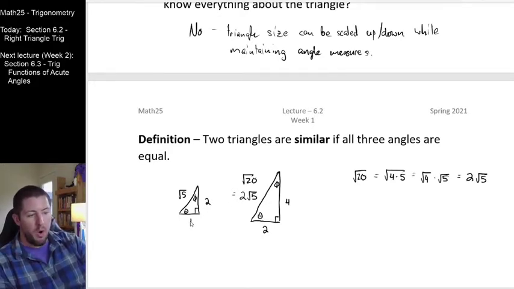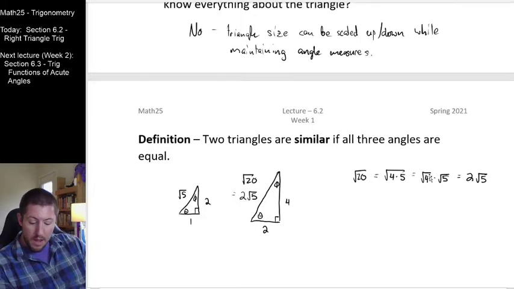Right? 2 over 1 is 2. 4 over 2 is 2. Root 5 over 1 is root 5. 2 root 5 over 2, the 2's would cancel, leaving you with just root 5 again. So all of our ratios of side lengths have been maintained, right? And that's really important for us here.